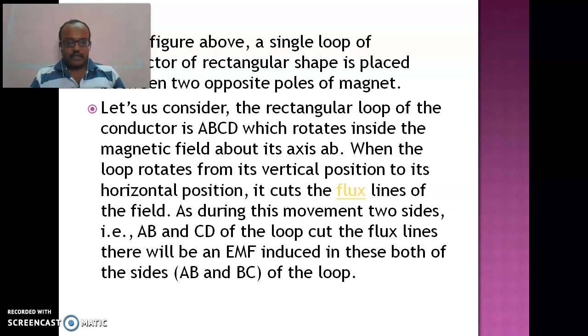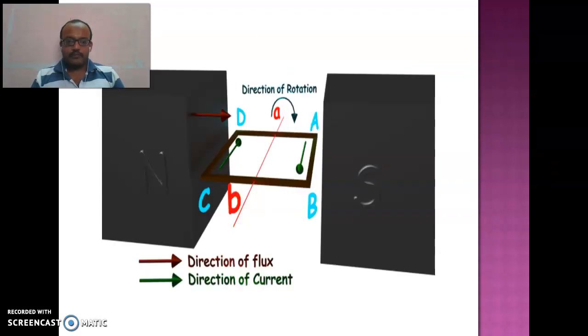As during this movement two sides, AB and CD, of the loop cut the flux lines, there will be an EMF induced in both sides of the loop. In this diagram, the direction of flux is from north to south, and the direction of rotation and current are also shown. Now the conductor is in horizontal position.